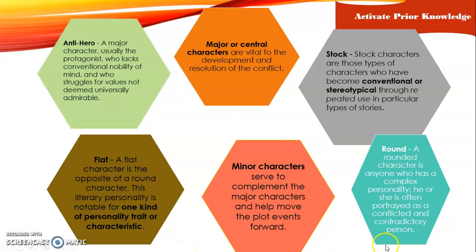Pay very close attention to the round character, and on the previous slide, the dynamic character. A round character plus a dynamic character, in my definition, is someone who's complicated, because a round character is complex. A dynamic character goes through a lot of changes, right? And that's what we're looking for when we're talking about a complex character.